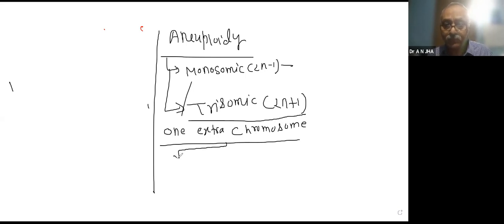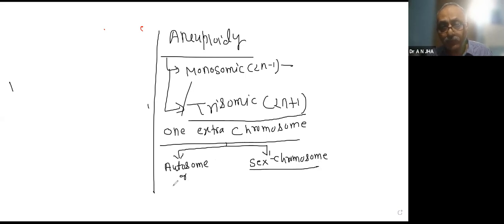You know there are two types of chromosomes: one is called autosome and another is called sex chromosome. Autosomes are also called allosome.